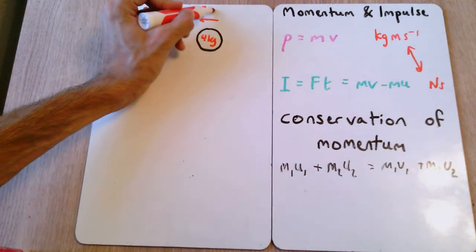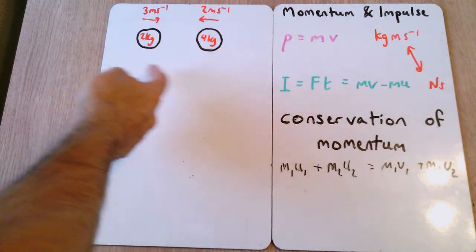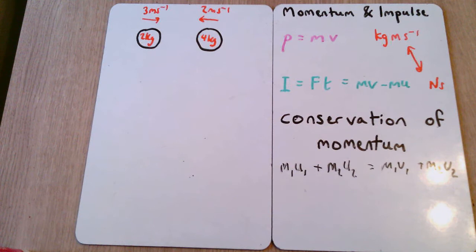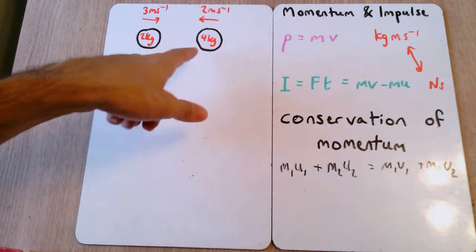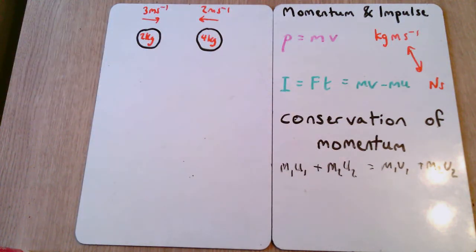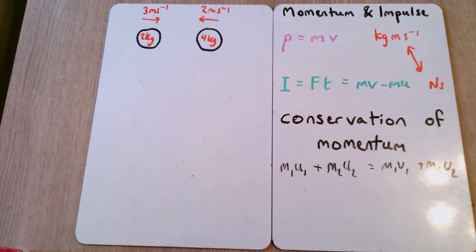Now let's think about this logically for a second. We've got a really heavy particle on the right coming in and hitting a lighter particle on the left. We would probably expect this to rebound because it's not going to be able to push that and make it go in the other direction. So we expect this to switch directions, or it may keep going.